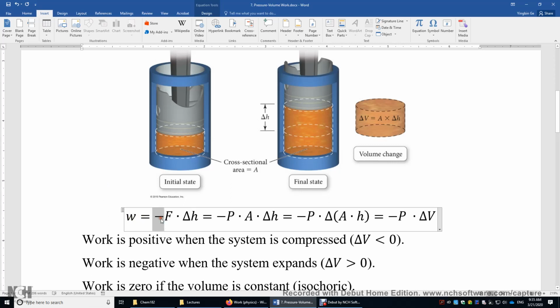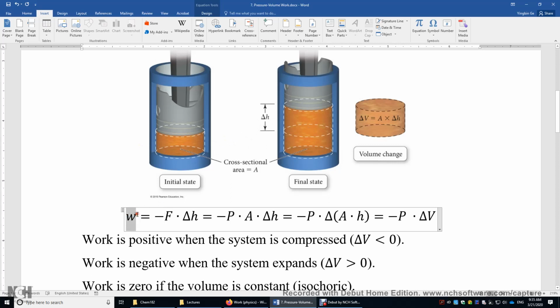That's why we put a negative sign here. If you are talking about work of the surroundings, then it's positive. Again, it's because work is done by the system, which is the gas, to the surroundings. Therefore, work of the system is negative. Work of the surroundings is positive.